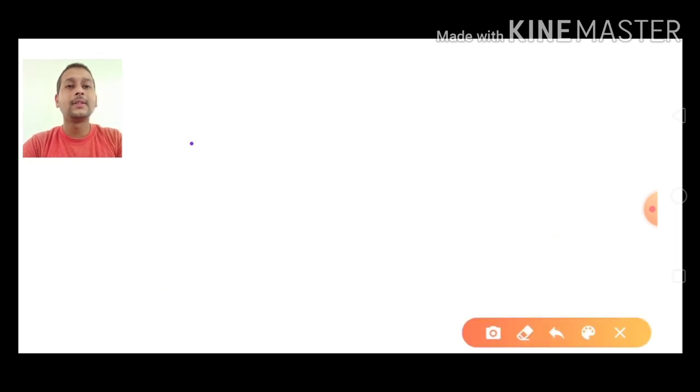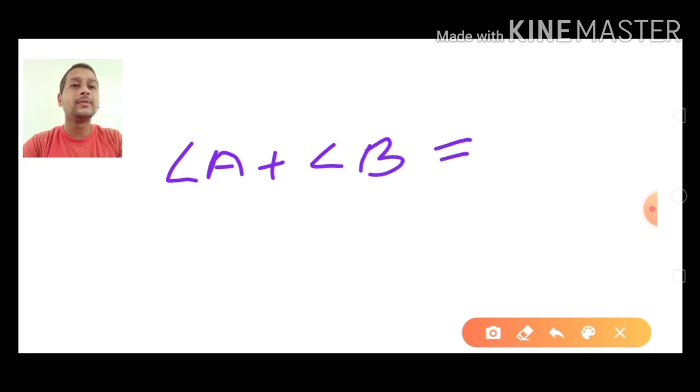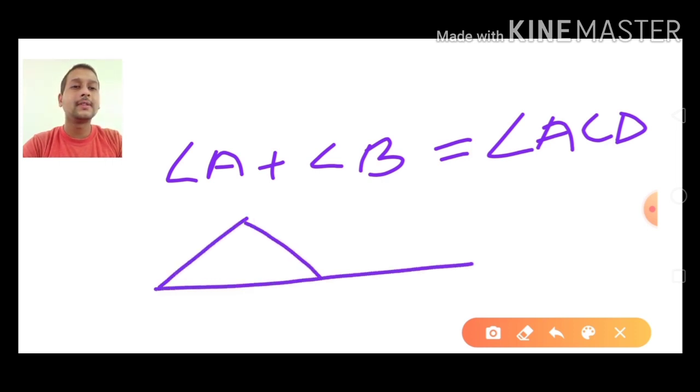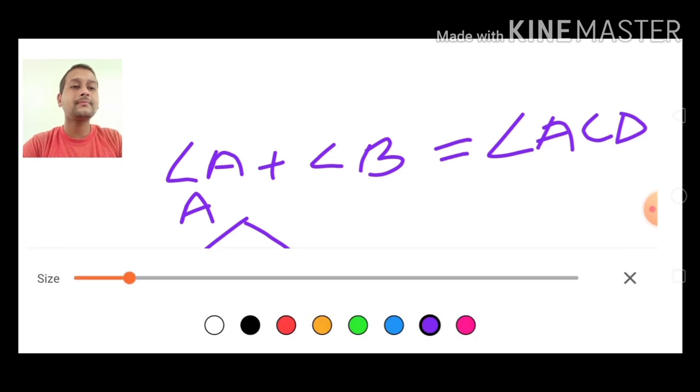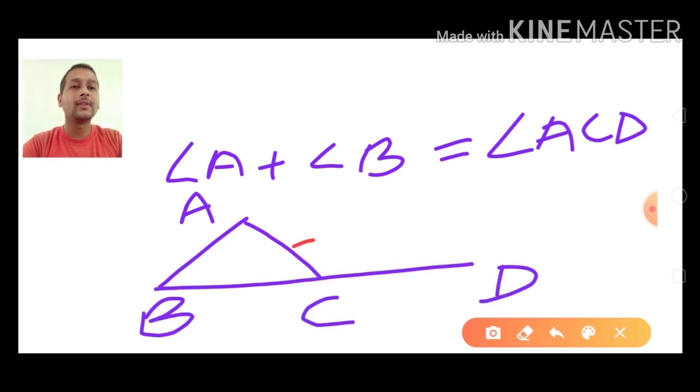So angle A plus angle B equals angle ACD. How was it? The triangle was like this, the exterior angle was this one, and the interior angles are these. So angle A plus angle B equals angle ACD.